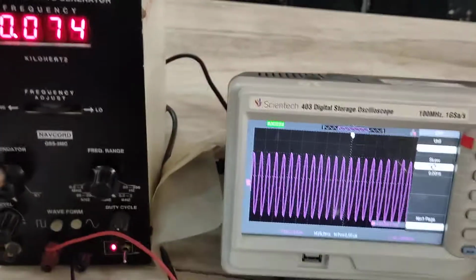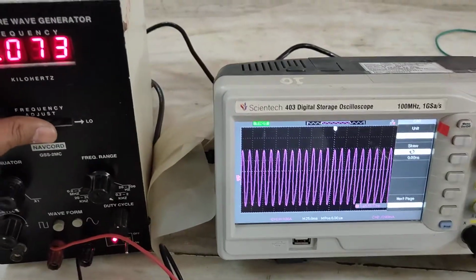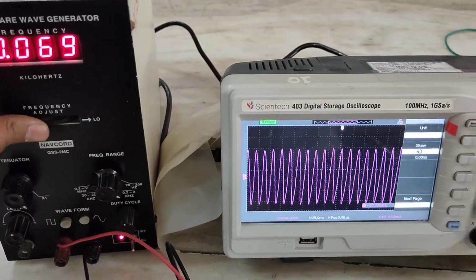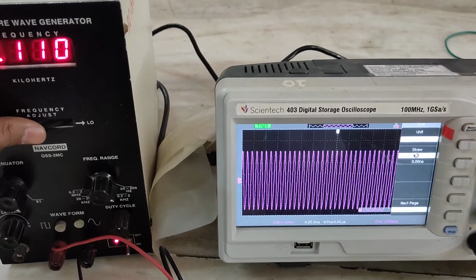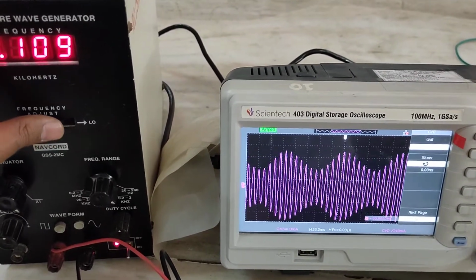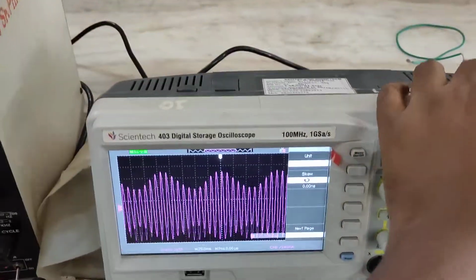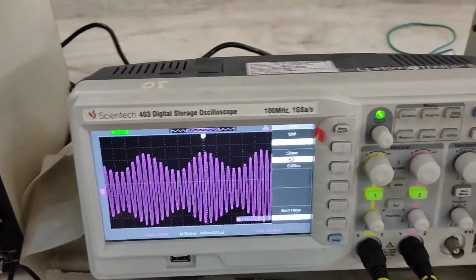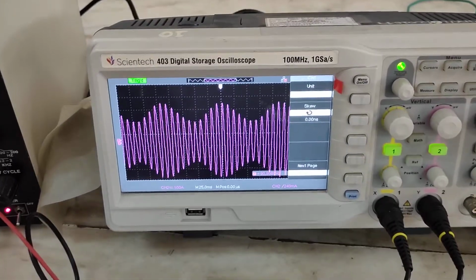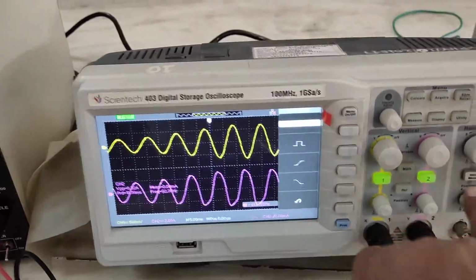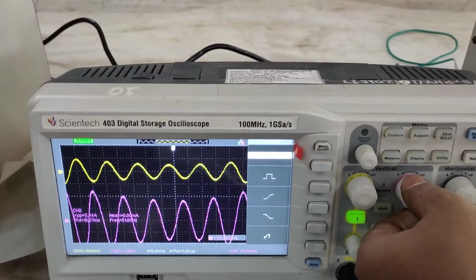So we will check that. I will increase it further. For 100 I was getting 5.6, so we'll try to find that voltage here.